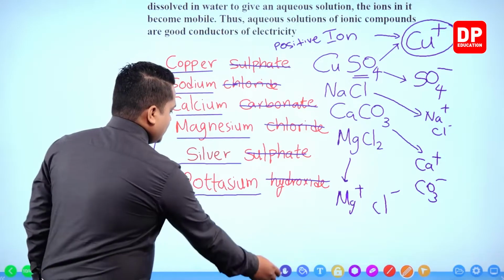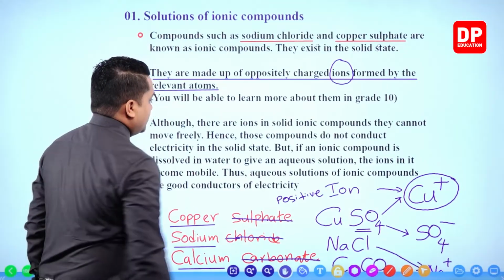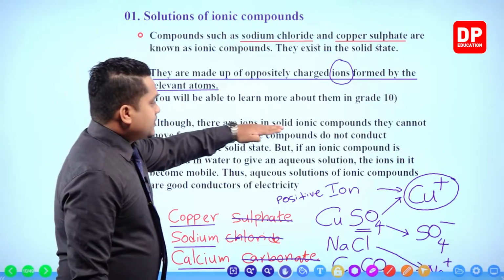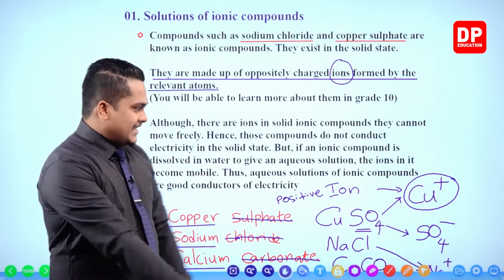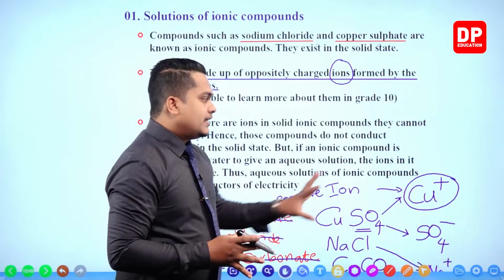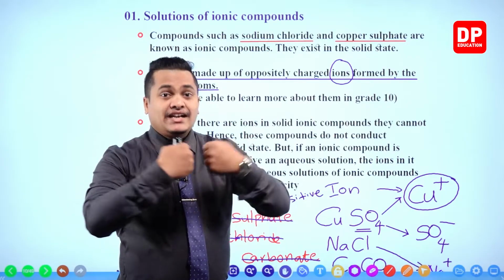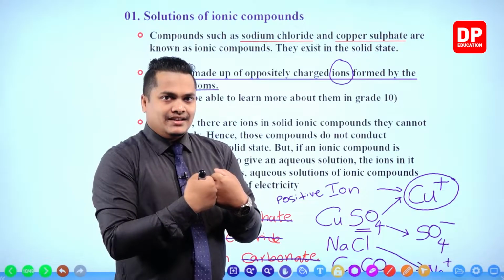Right then. So let's head on to see what the other contents are. Although there are ions in solid ionic compounds, they cannot move freely. Like I said, copper sulfate in the solid state, these charges are tightly packed, so they cannot move freely.